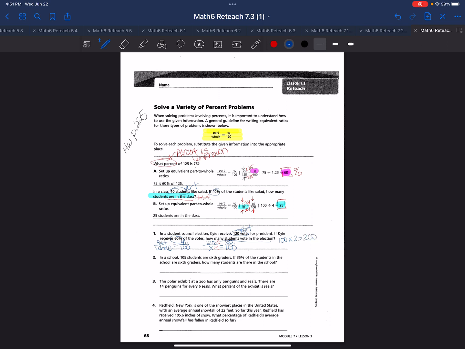So now I know that that is 200 students. In this problem, I am trying to solve for the x here. That was how many students vote in the election, that's the unknown, and 200 students total vote in the election.